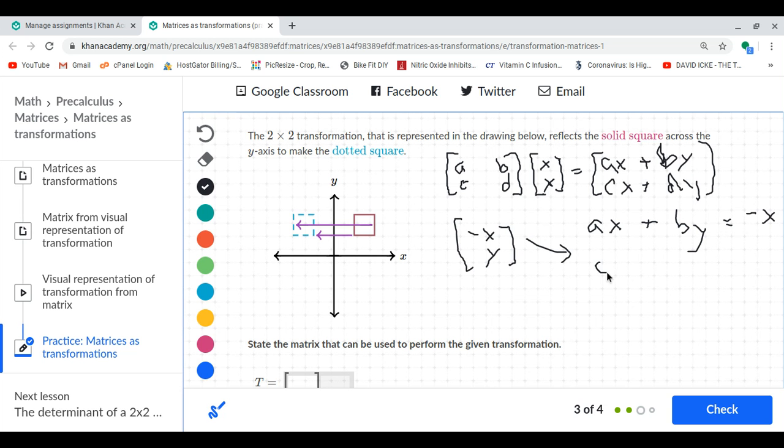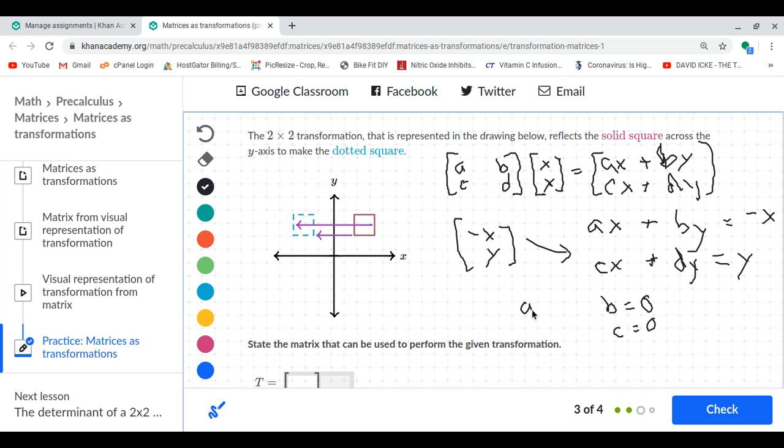And CX plus DY equal just y. So in this case, the x here has to go away, the y here has to go away. So B and C are going to be equal to 0. So B equals 0, C equals 0. A is going to have to equal -1.